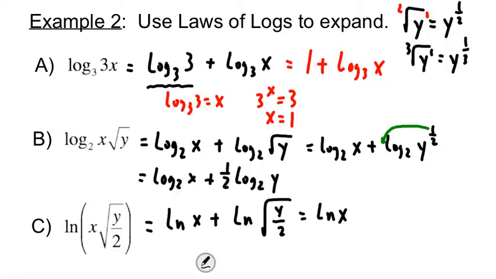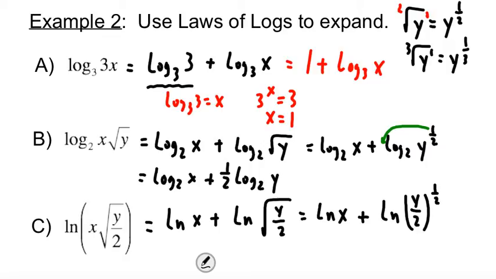But this natural log of the square root of y over 2, I might go ahead now and pull that thing apart. So let me rewrite this. The natural log here of the square root of, well, let's not do square root anymore. Let's do 1/2. That might be easier. So a square root means 1/2. So natural log of y over 2 to the 1/2.